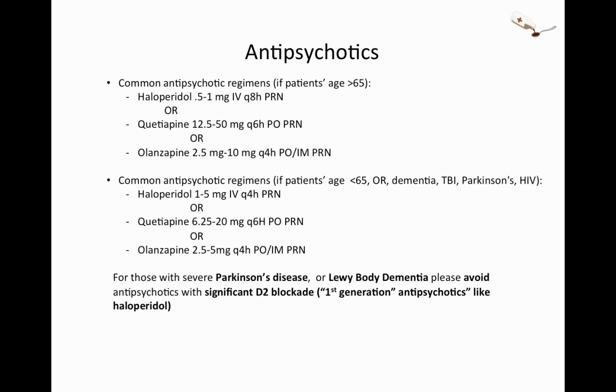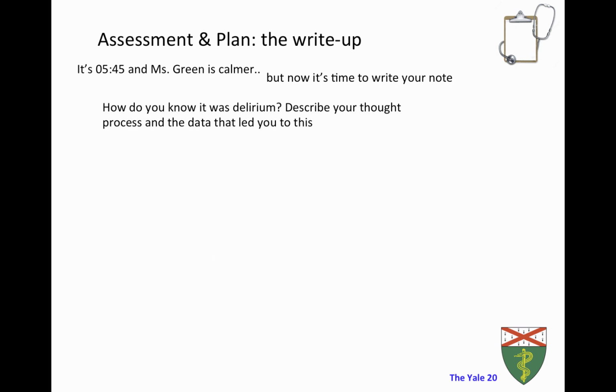So consider Seroquel as your first line, or curbside geriatric psychiatry. Remember to always get an EKG prior to starting and after starting these drugs, and monitor electrolytes, particularly potassium. Avoid benzodiazepines because they can make delirium worse.